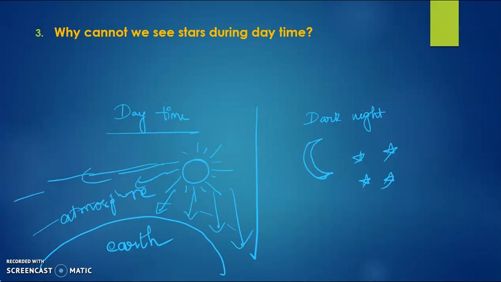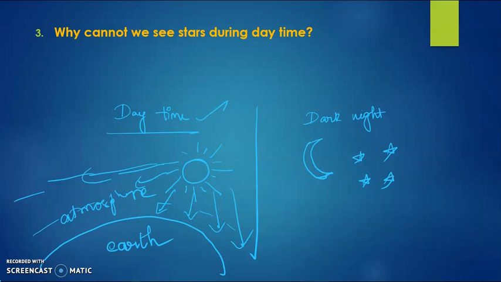I think you understood. In dark time, due to the darkness around the earth, the stars are clearly visible to us. But in the daytime, the stars are not visible.